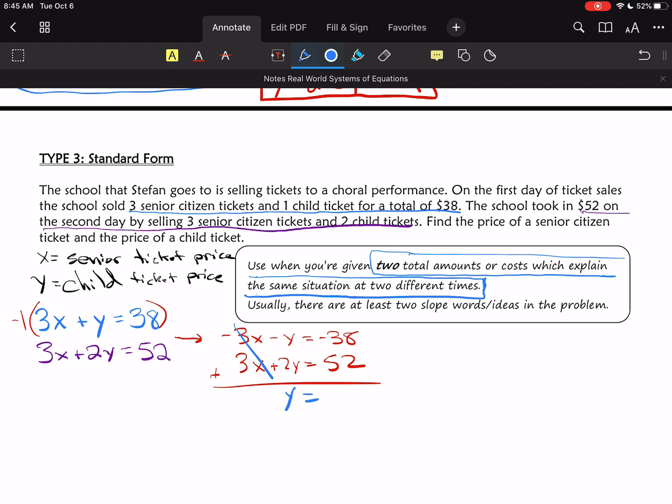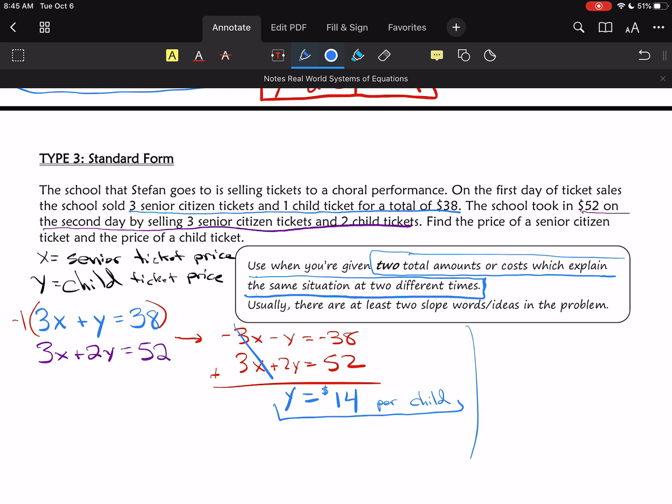And then -38 plus 52 would leave me with 14. Now, I already have y equals. I don't have to solve for it. So y, the price of a child ticket, would be $14 per child.